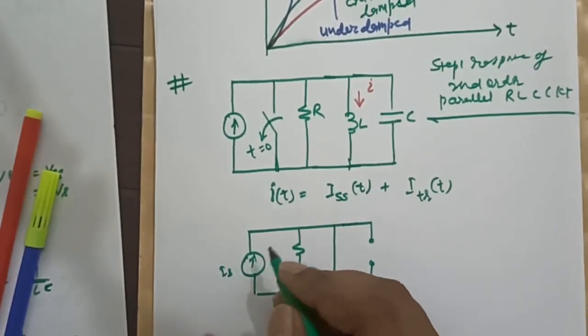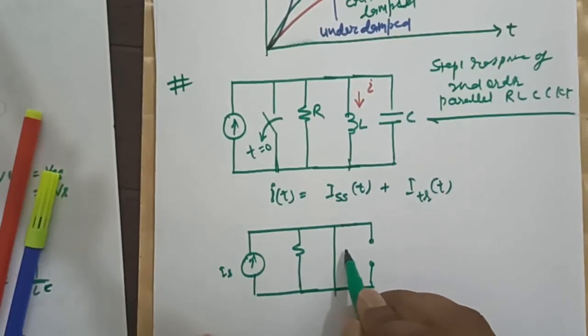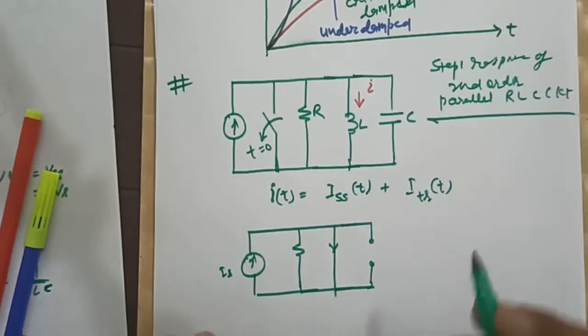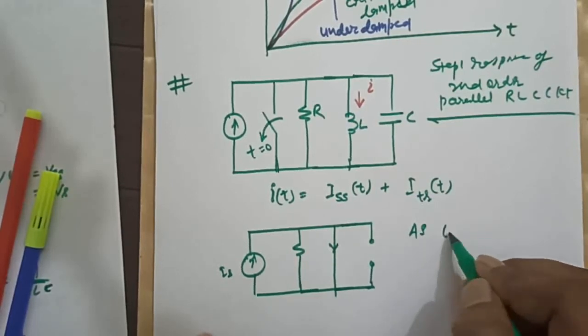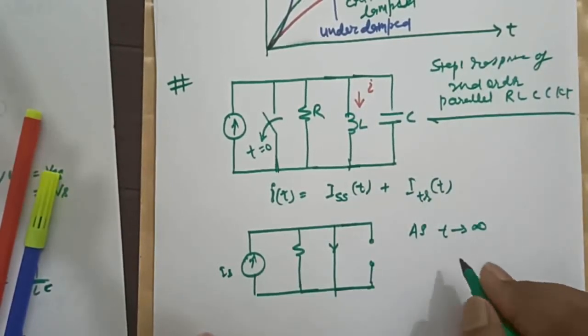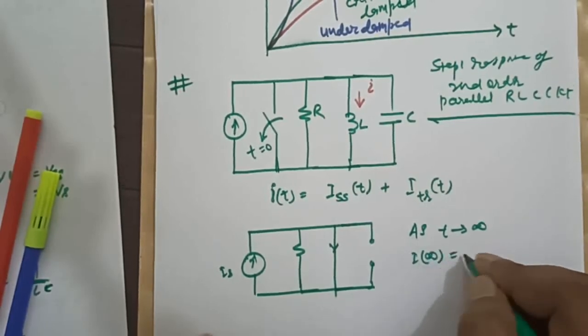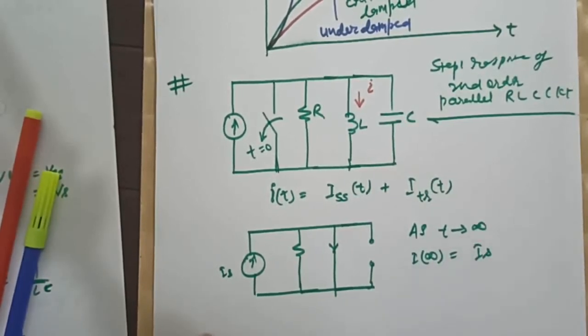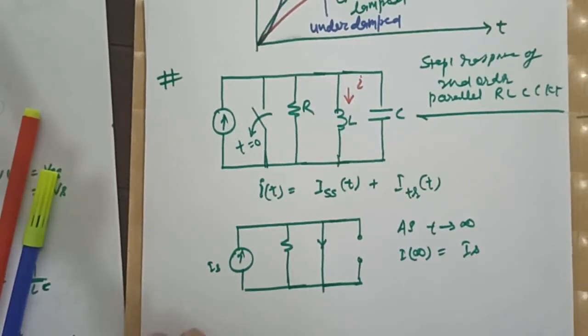This is Is. So as t tends to infinity, our I infinity will be what? Nothing but Is, because at infinity the inductor will get short circuited, and a short circuit path exists across the current source. So the total current supplied by this current source will flow through the inductor at steady state.